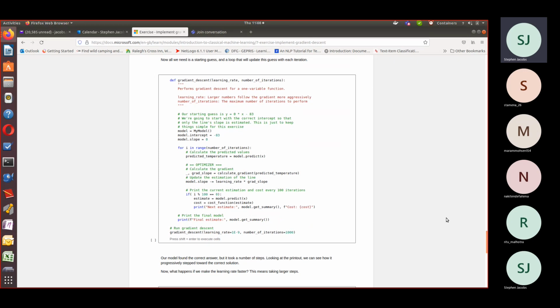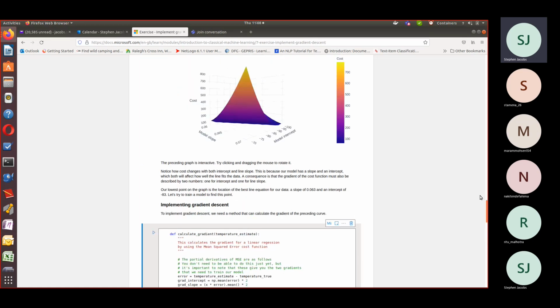Now all we need is a starting guess and a loop that will update this guess with each function call. Our starting guess is 0 as a slope and minus 83 as an intercept. That's going to be our starting guess. They seem quite sensible. Minus 83 seems to be within the range that we looked at up here.